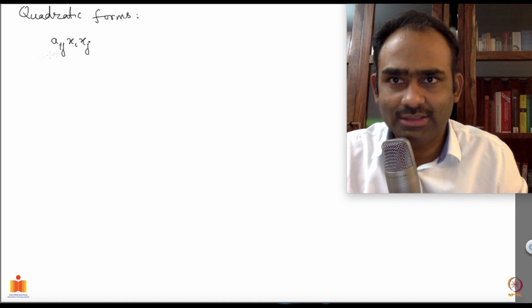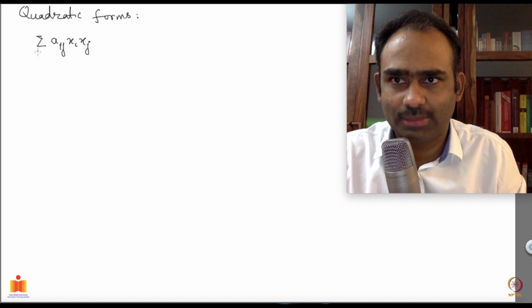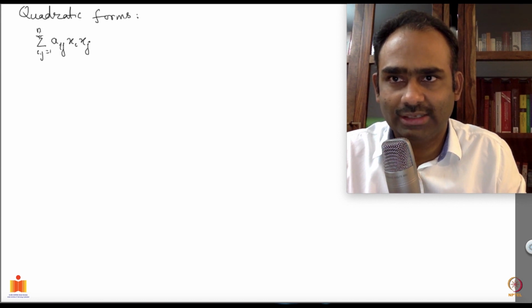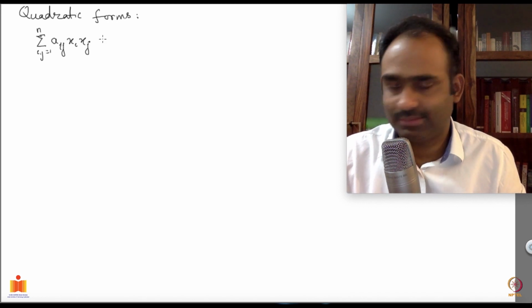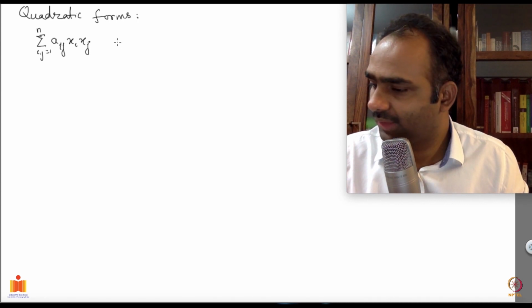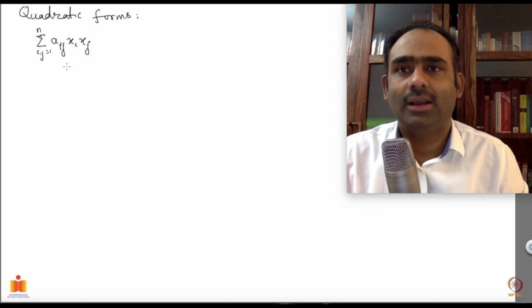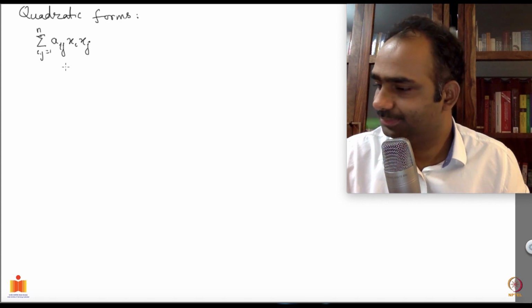Then this quantity is called a quadratic form. Here there is a summation over all i and j. I'm looking at n dimensional vectors and n cross n matrices. Of course your A_ij's will form a symmetric matrix.